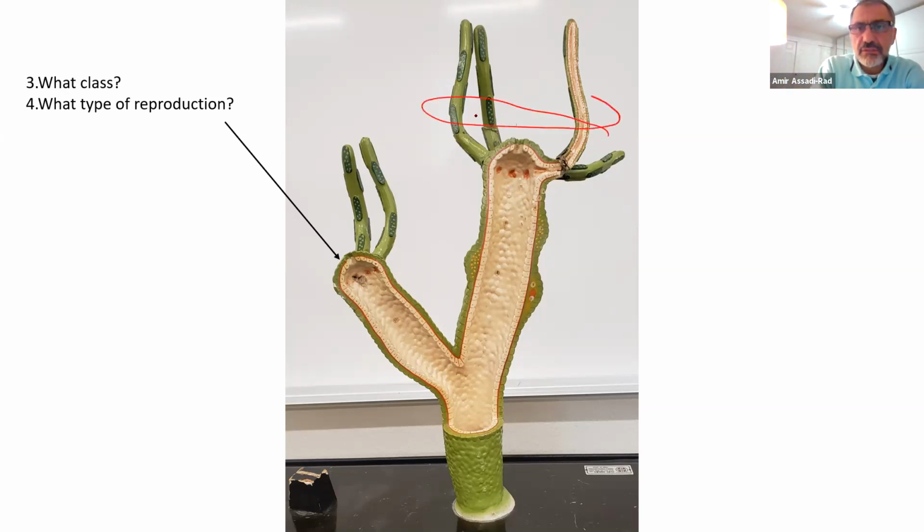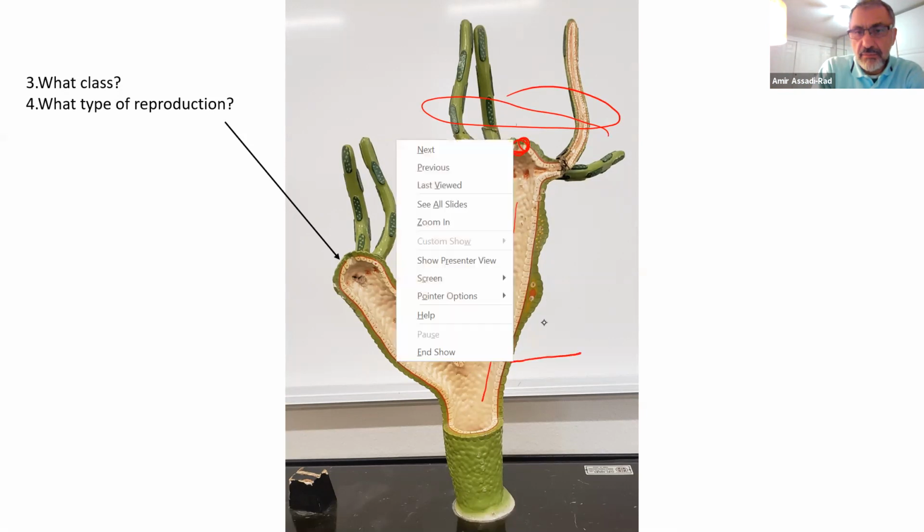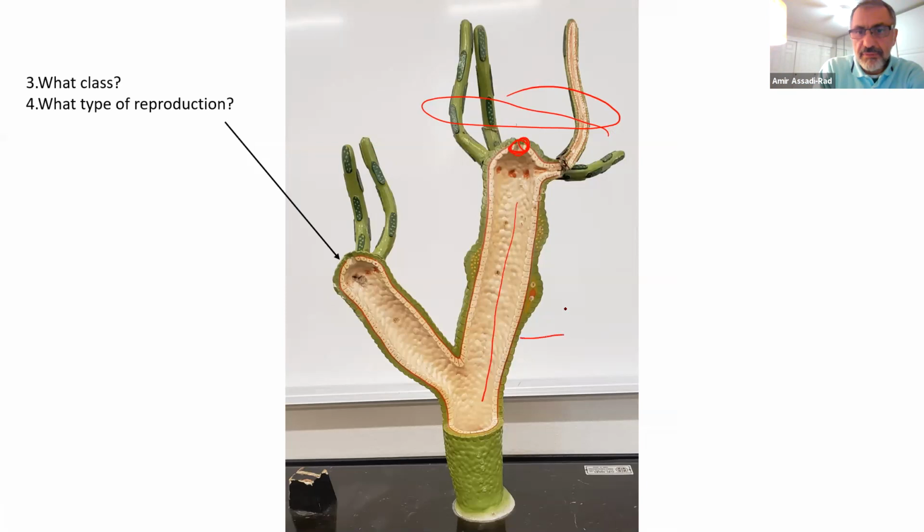So these are all tentacles, mouth, and gastrovascular cavity, epidermis, and these are gastrodermis right here, the cells, and these are gonads, ovary and testes.